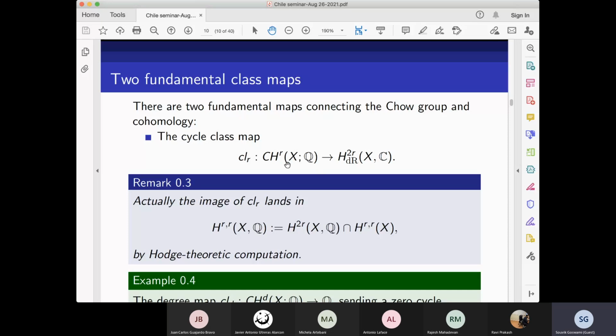Then you can define the fundamental class for that submanifold. So what is a fundamental class? You just integrate forms on that submanifold. That will give you a cohomology class, which you call the fundamental class. So given a subvariety, you can define the fundamental class, which gives you an element in the 2r de Rham cohomology of X.